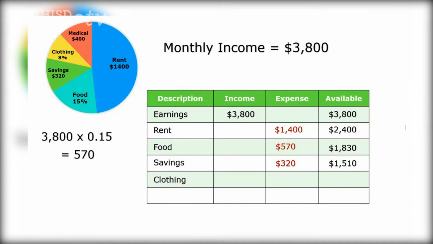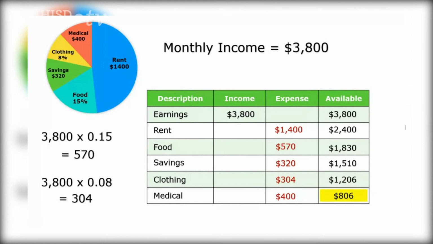So now we need to multiply again 3,800 times 0.08, which brings the total for the clothing to $304. And now the last expense that he has is the medical expense, which is $400, and that brings our total available balance to $806. And this is how you fill out a personal budget.